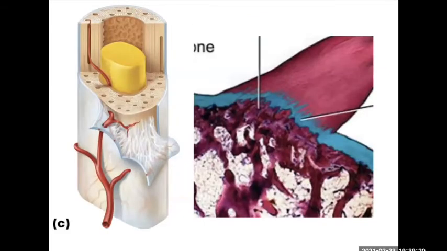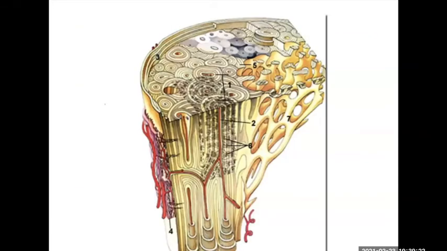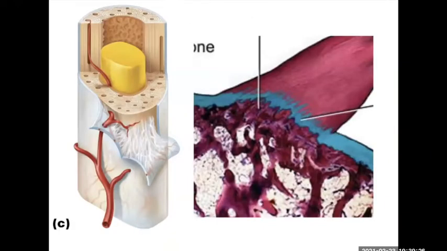So we're going to start right on the outside over here, the covering of the bone. This is ossia, remember, osseous tissue, and peri means surrounding. So what we have right here is the periosteum. Peri, surrounding, osteum, meaning bone, right?